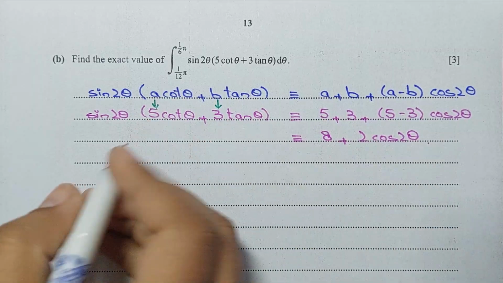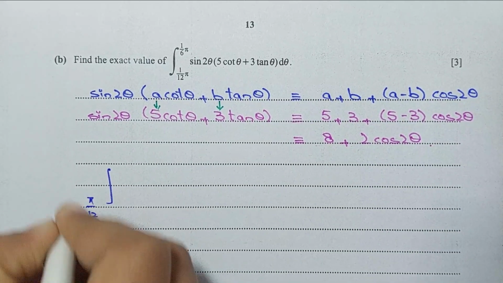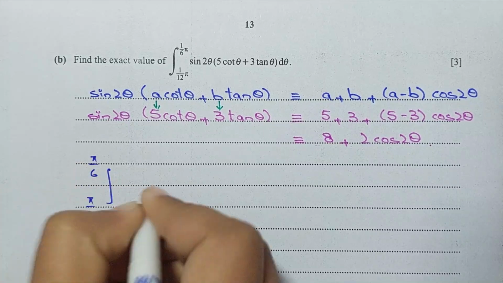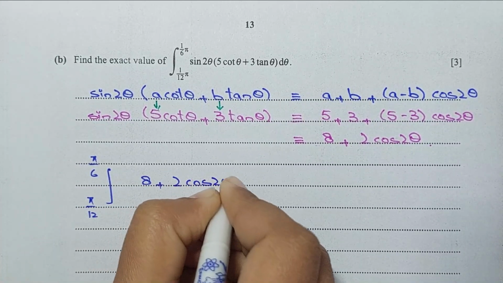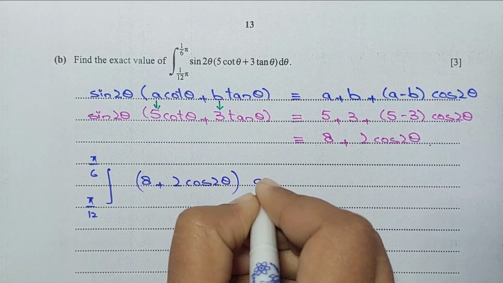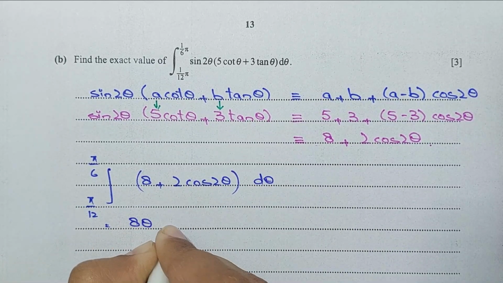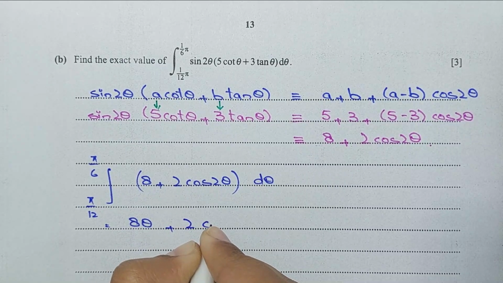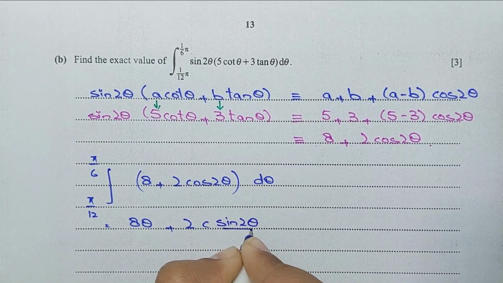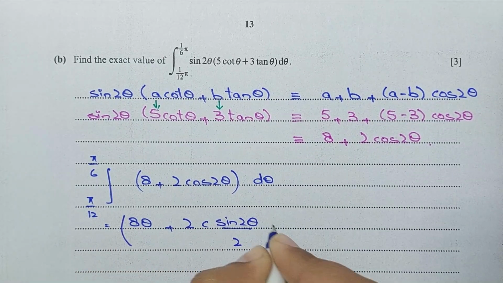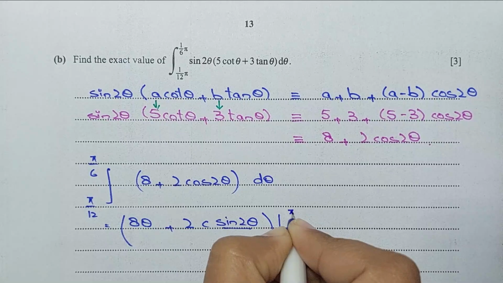This term is equal to this. Now we can do the integration from pi over 12 to pi by 6 of 8 plus 2 cos 2 theta d theta. So the integration of 8 is 8 theta. 2 is a constant term. The integration of cos is sine 2 theta, and the derivative of 2 theta is just 2, and apply the limits from pi by 12 till pi by 6.